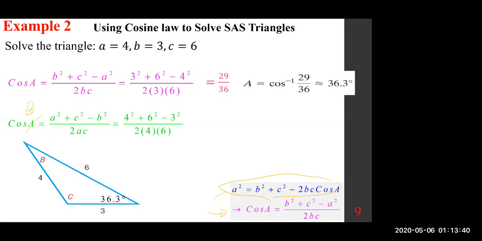A squared plus C squared minus B squared over 2AC. The formula is right, class. I'm looking at the formula. The formula is right, but it's cosine B that we are looking for. Cosine B, so that's the one that you want to be careful of. This is cosine B.